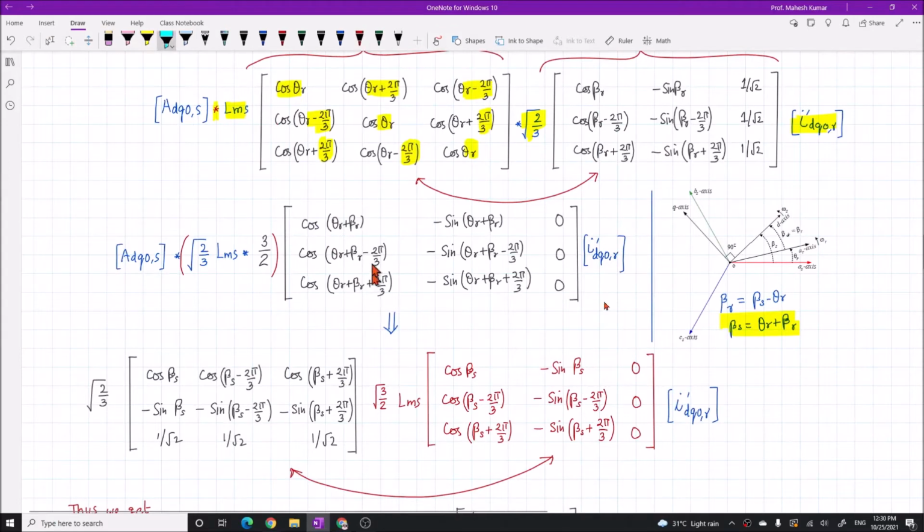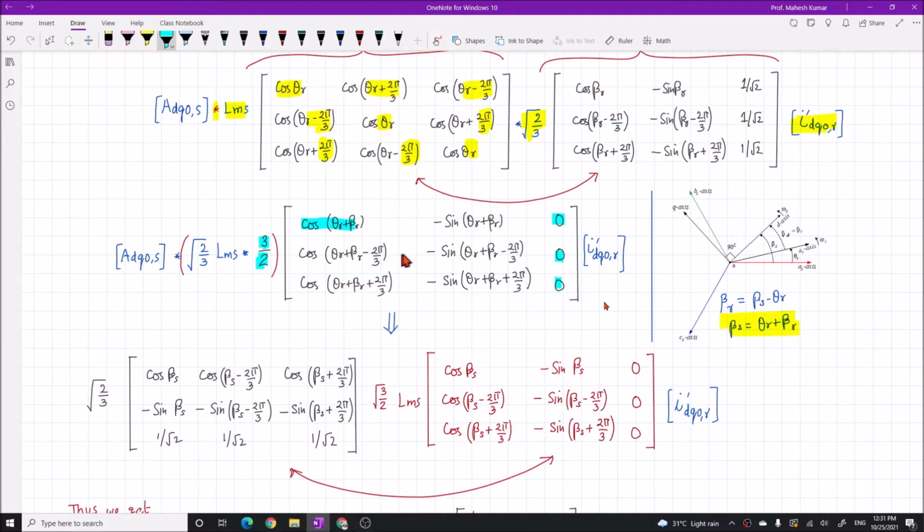The first term is cos theta r plus beta r, and along with the term 3 by 2. 3 by 2 will also come with each element. So I have taken 3 by 2 outside, but if you multiply, you will get 3 by 2 with each term. This is 0 anyway, does not matter, but each has 3 by 2 terms.